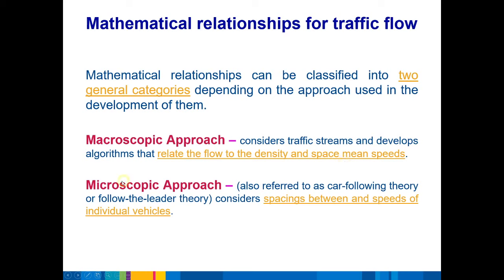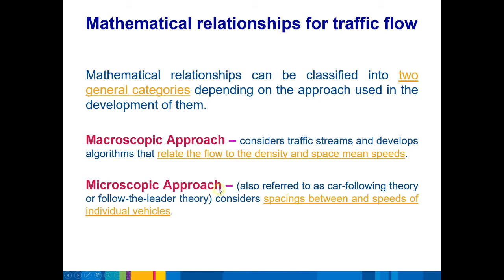In our microscopic approach, this looks more at individual cars. It's also referred to as car following theory, and it looks at the spaces between and speeds of individual vehicles. Where these two models are used will vary depending upon what you're trying to get out of your analysis.